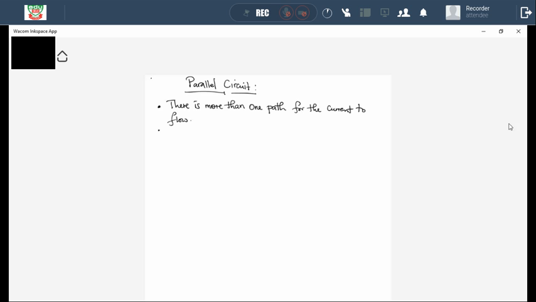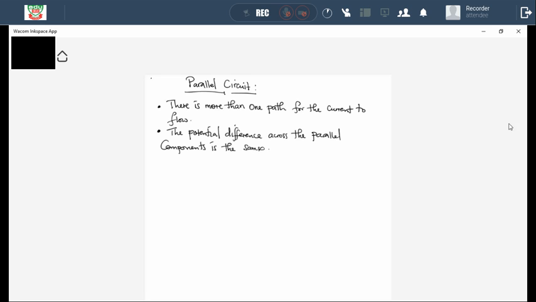Bullet number two, point to note: the potential difference across the parallel components is the same. All right, so we need to capture that. The potential difference across the parallel components is the same, right?